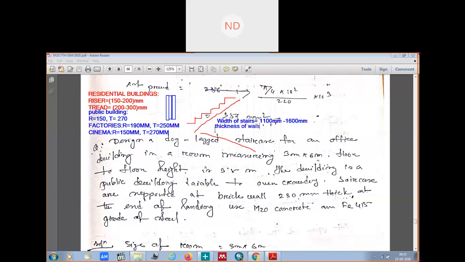And the thickness of the waist slab we take to be between 1 by 28 to 1 by 25 times the span. So the width of the stairs we take to be 1100 to 1600 mm; whenever you are designing, you can take between these two.